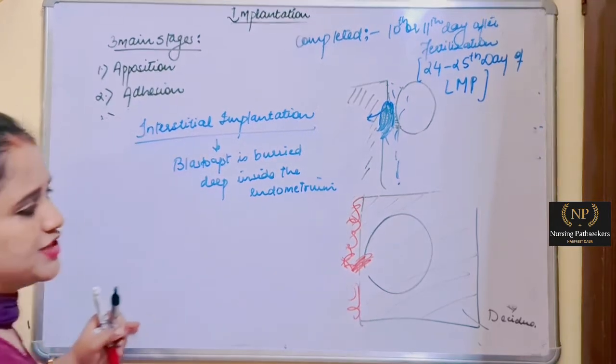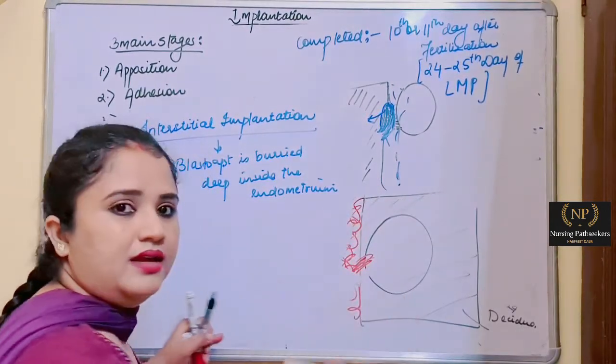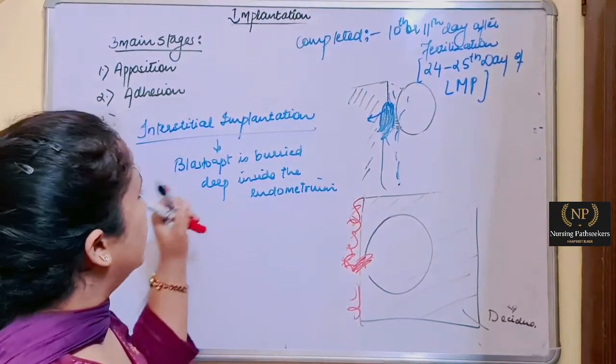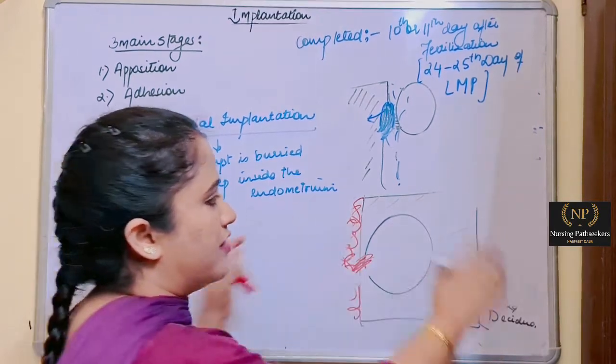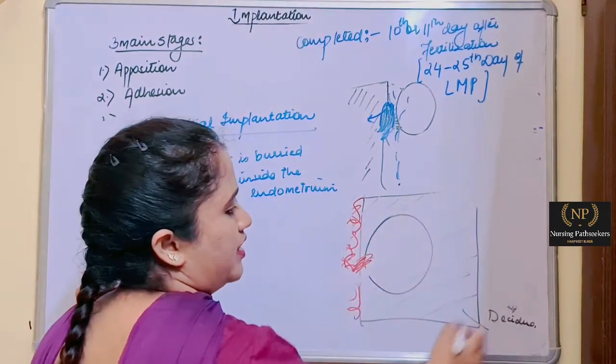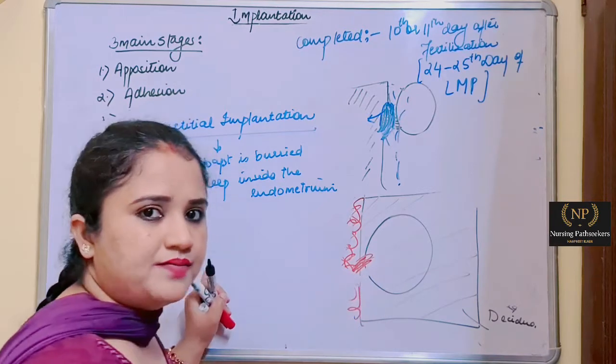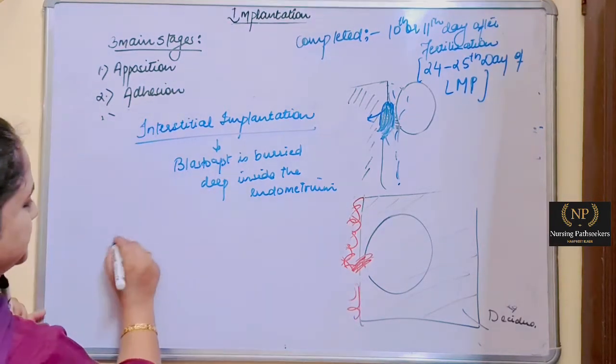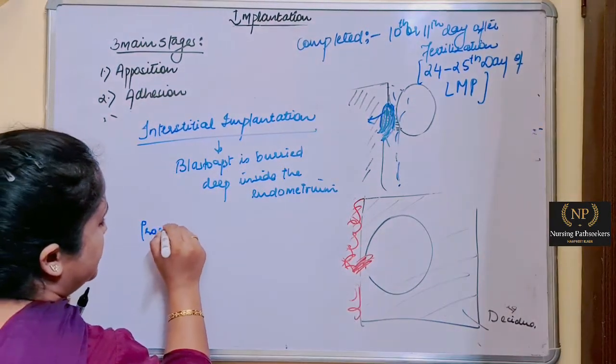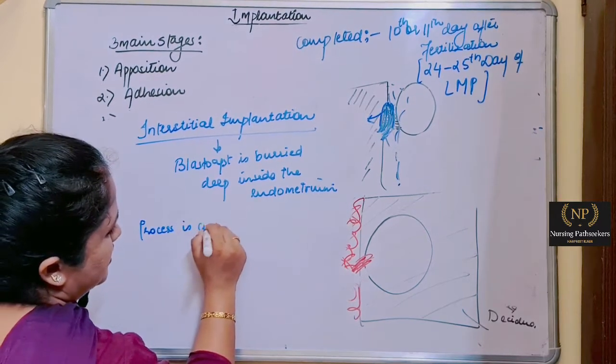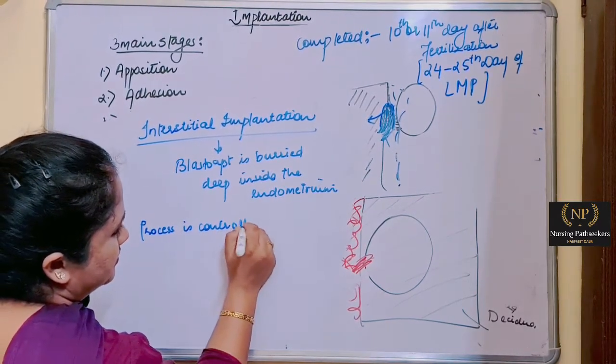The blastocyst is now deeply penetrated inside the endometrium and is covered by endometrium or decidua on all the sides.